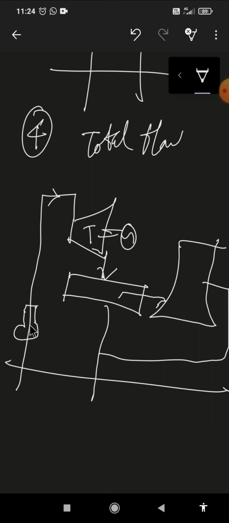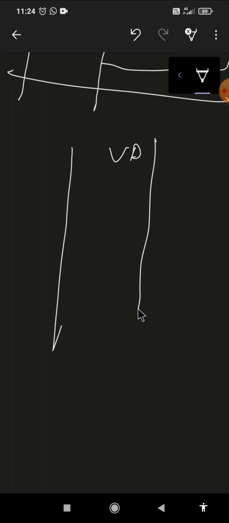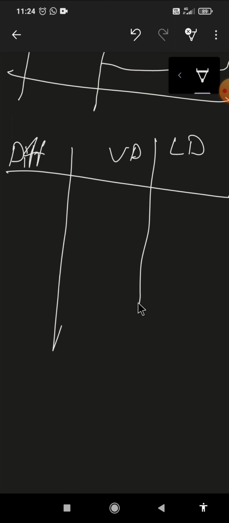So now we have seen the vapor dominated and liquid dominated systems. I will just point out a few of the differences between them. Suppose this is the vapor dominated system, this is the liquid dominated system, and these are the differences we are going to point out. First is simplicity.